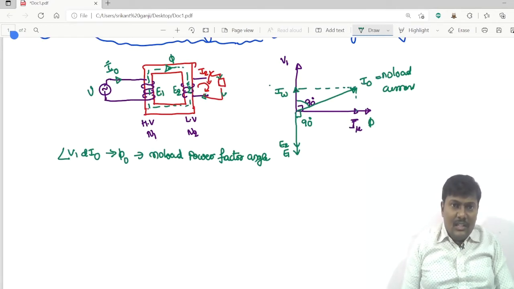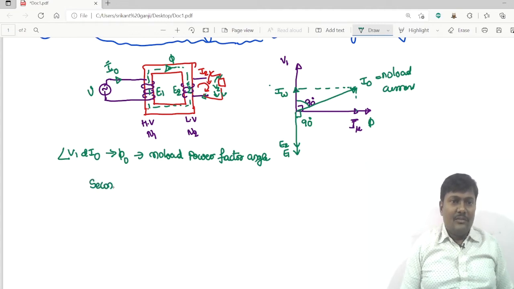The voltage across the load is V2. When the current flows through a load, it will produce a secondary MMF. What is MMF? MMF is the magnetomotive force, the number of turns into current.